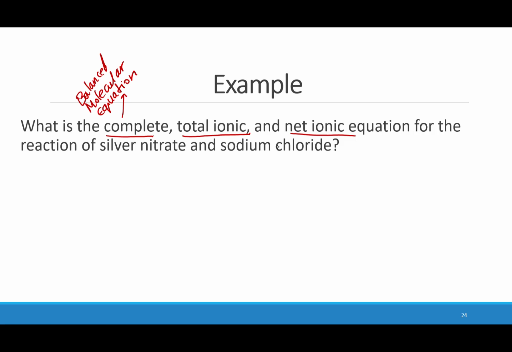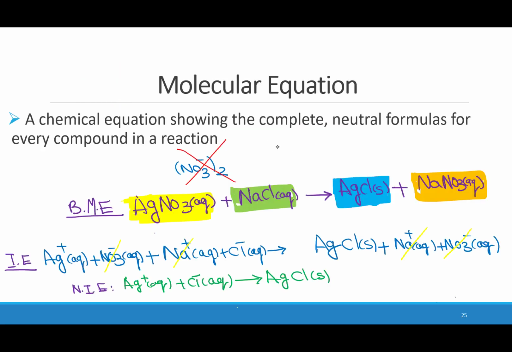As you can see here, the complete equation is sometimes referred to as the balanced molecular equation. You will see it; it's just the same thing. We're going to write the complete ionic and net ionic equations for the reaction between silver nitrate and sodium chloride.